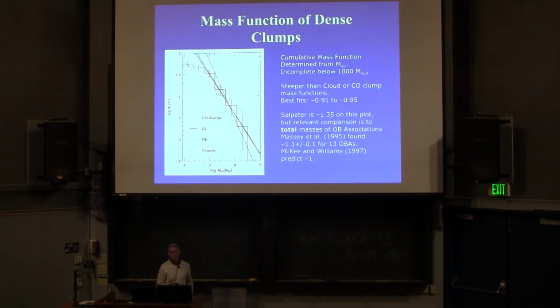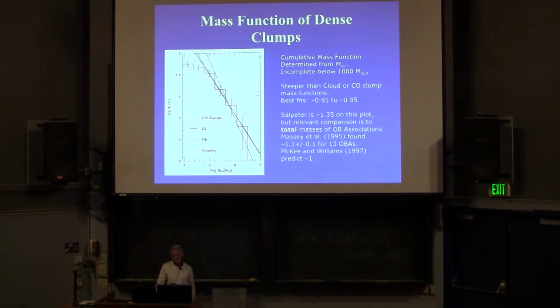Okay, what about the mass function of these things? This is the cumulative mass function, now determined from the virial masses. And it's incomplete below about 1,000 solar masses. And one of the goals for the future is to try to fill in that lower part of it. The dashed line here is the mass function of CO clumps, so more like larger scale structures, less dense, and that's flatter.